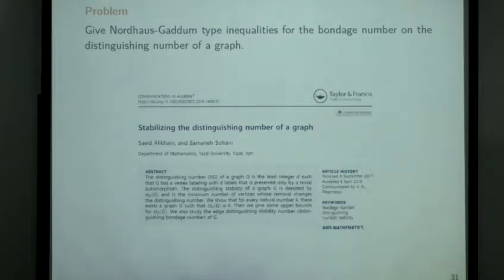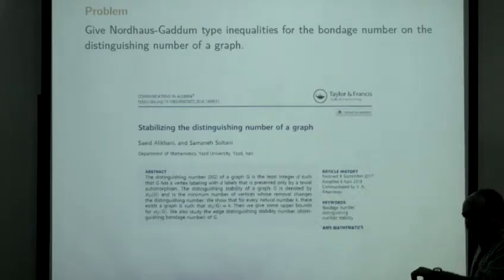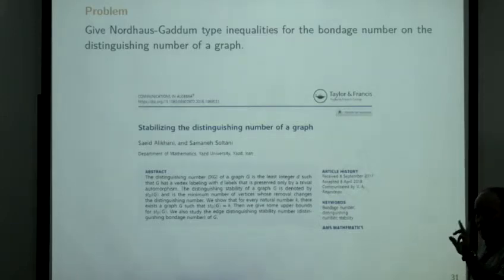The first one is in my paper with my student in Communications in Algebra, about stabilizing the distinguishing number of a graph. The stability of the distinguishing number of a graph means how many vertices we should remove from the graph for the distinguishing number to change.